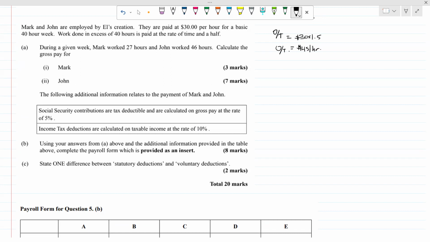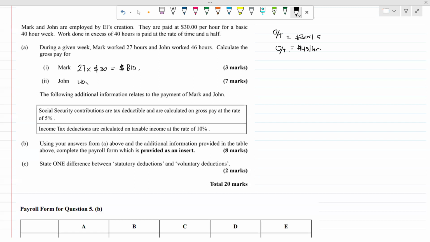During a given week, Mark worked 27 hours and John worked 46 hours. Calculate the gross pay for Mark. Mark would have been 27 by 30, that's 810. And John worked 46 hours.